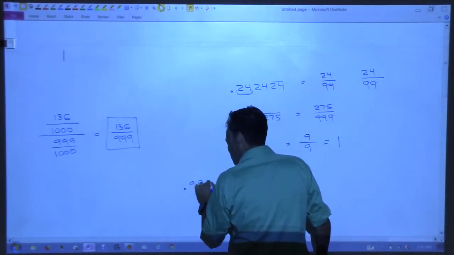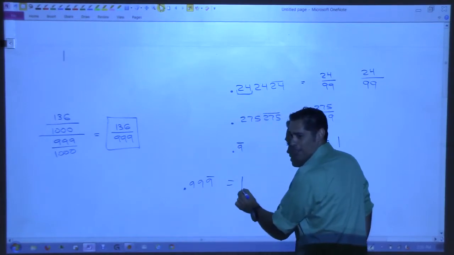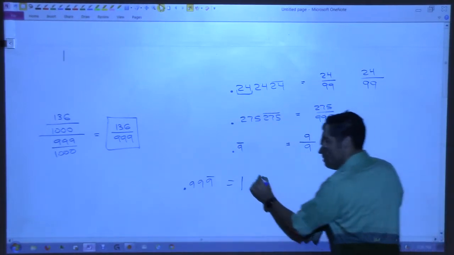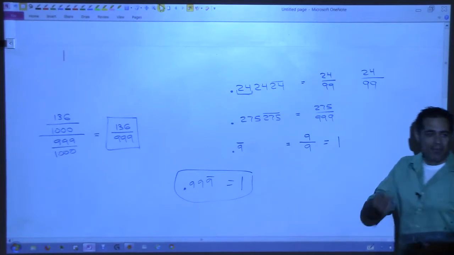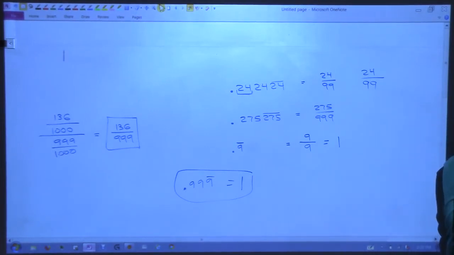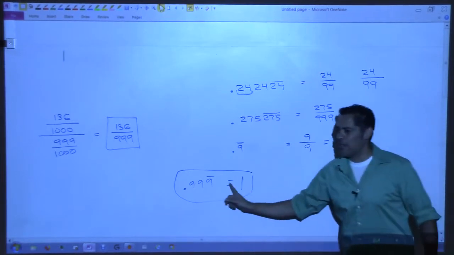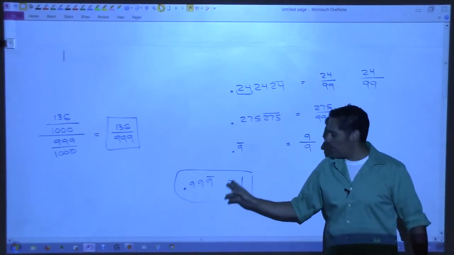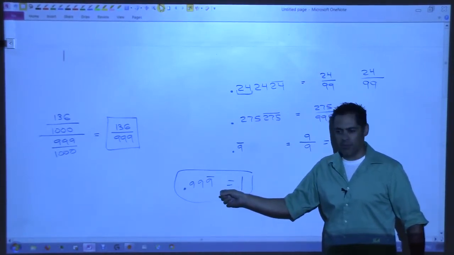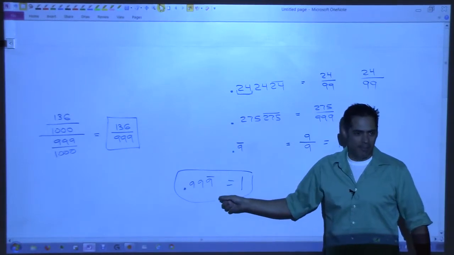That means the number 0.999 forever is the number 1. That's what I'm here to tell you. If you look at the number 0.999 forever, that is the same as the number 1. There is no number between these two numbers. They are the same number. It's impossible for you to find a number between the two. They are the same.